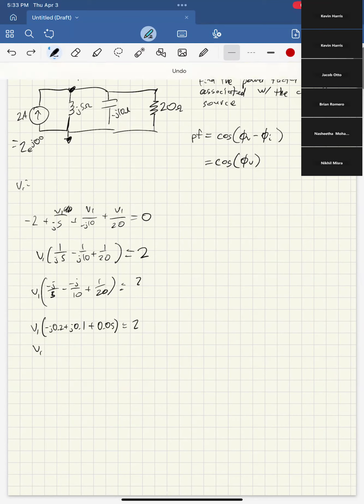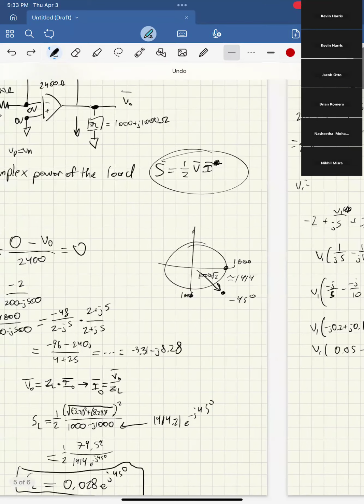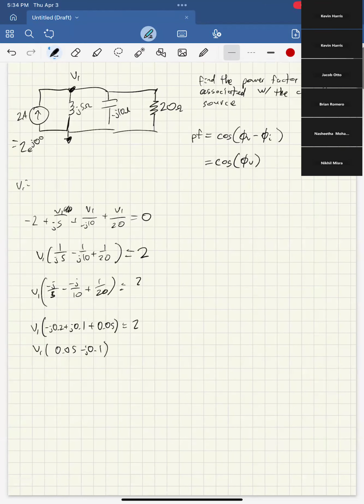V1 times, okay, now we have 0.05 minus j0.1 equals 2. Yeah, you can multiply stuff if you want to get rid of the decimals. But basically you have this and then you just divide 2 by that, right? That's pretty straightforward.